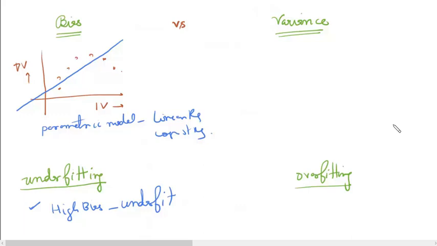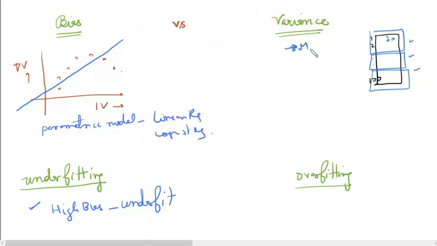For example, let's say we have a set of data points. Let's say I have 100 data points and we start running models on a subset of the data. Let's say I take 30 data points and I run the same model 3 times. Let's say I have a model M and I run it 3 times with different sets of data, these 3 data sets one at a time.